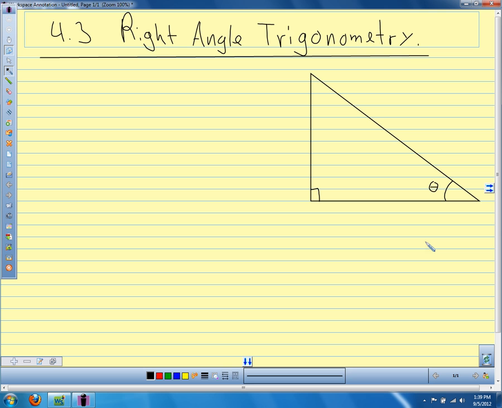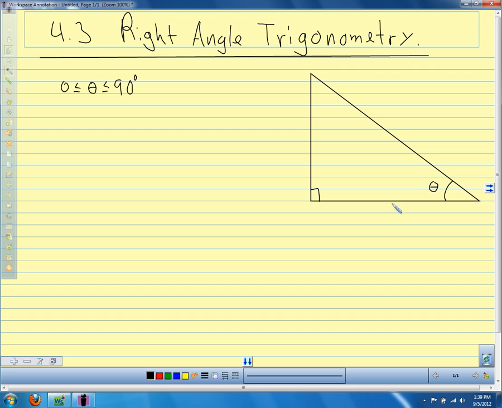And for everything that we're talking about today, our angle theta is less than 90. So we're going to say that 0 is less than or equal to theta, less than or equal to 90 degrees. So we're talking about acute angles for everything that we're talking about today.